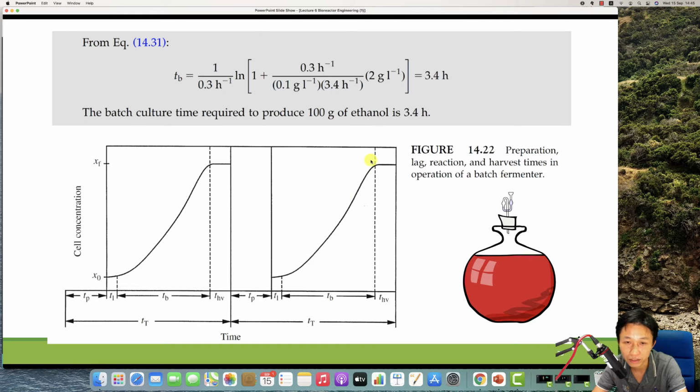The harvest time is when the cell concentration nearly reaches the steady plateau, I mean, reaches the stationary phase, at the end of the exponential phase. So you can harvest your cells at that time.